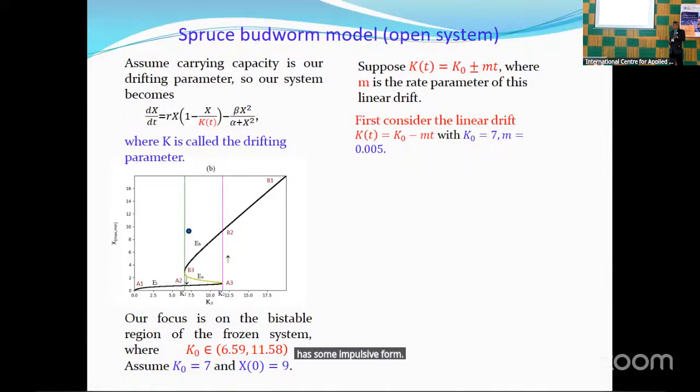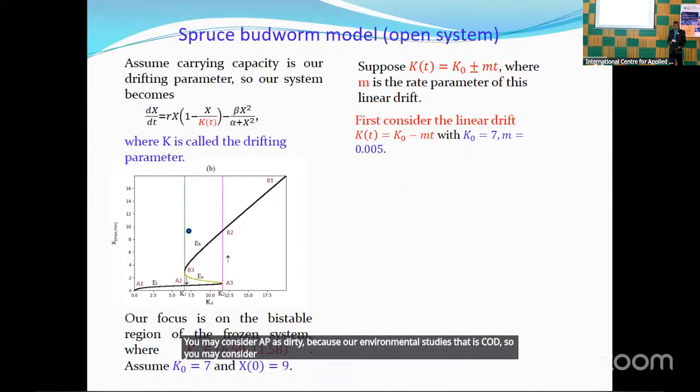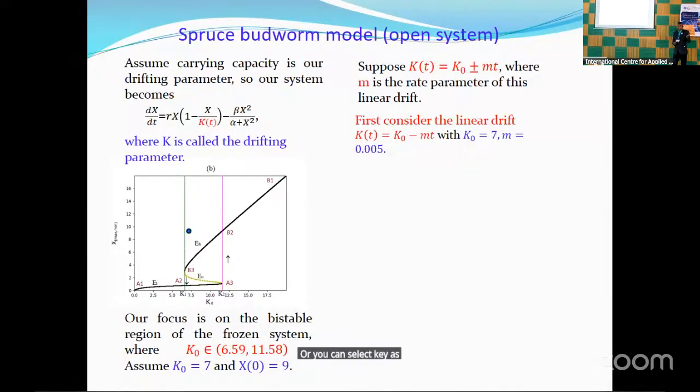You may consider it as varying because our environmental condition is varying. So you may consider K(t) as a periodic function, or as a pulse-like form, etc.